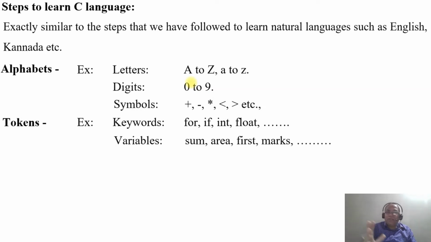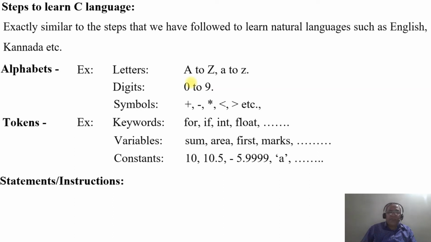So I can declare area as a variable. Similarly, marks and so on and so forth are all variables. Of course, if you want to find the perimeter, then perimeter will become the variable. Then we have the constants. What are the constants? We can have 10, 10.5, minus 5.999, and within single quotes 'a', and so on and so forth. So these are all the tokens: keywords, variables and constants.